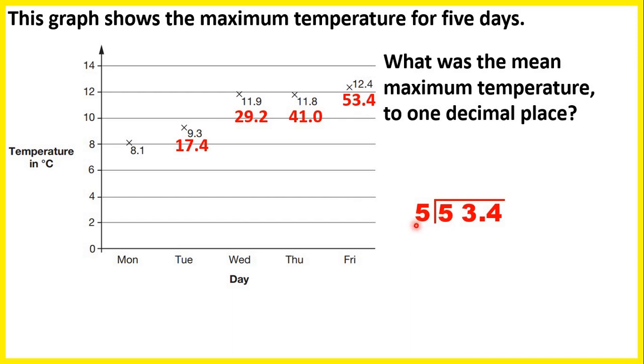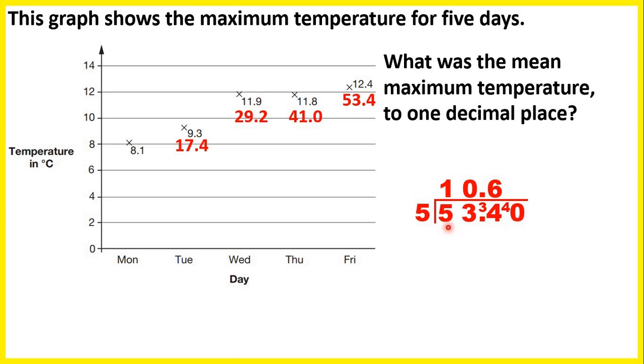So 5 divided by 5 is 1, 3 divided by 5 is 0, remainder 3, so we can copy up our decimal point and write our remainder 3 in front of our 10th digit. Now 34 divided by 5 is 6, remainder 4, so we need to extend with a 0 and write our remainder 4 in front of our 100th digit.